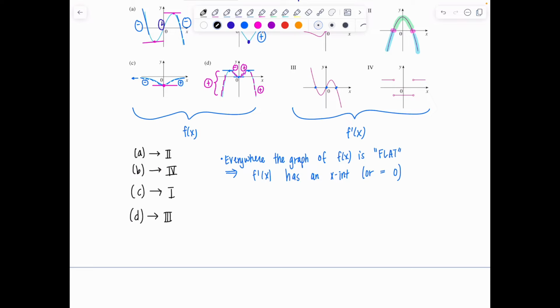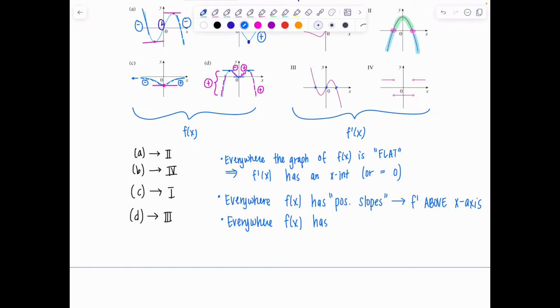Not only everywhere the graph of f of x is flat, that tells us f prime has an x-intercept, but we also see that everywhere f of x has positive slopes, meaning the slope of the tangent line is positive, that means f prime is above the x-axis, and everywhere f of x has negative slopes, or the slope of the little baby tangent lines are negative, then that means f prime is below the x-axis.